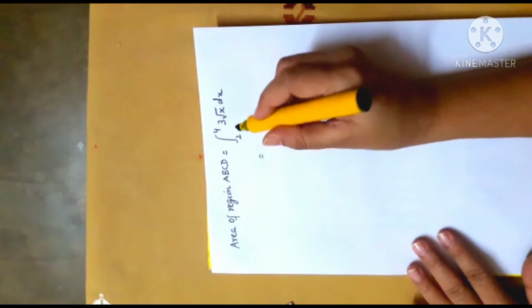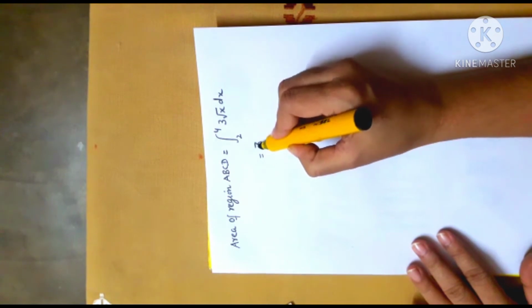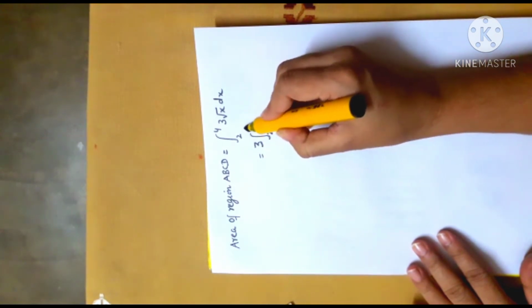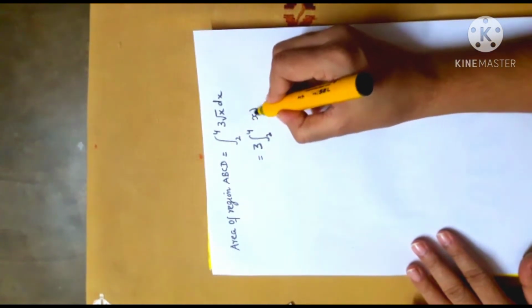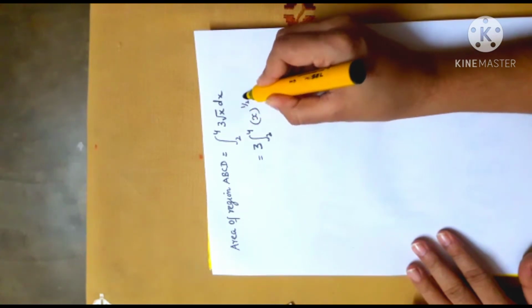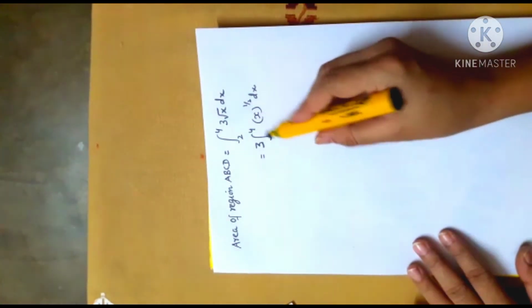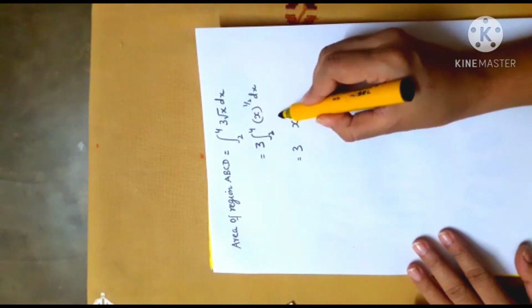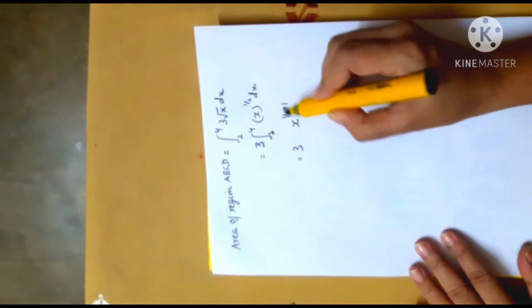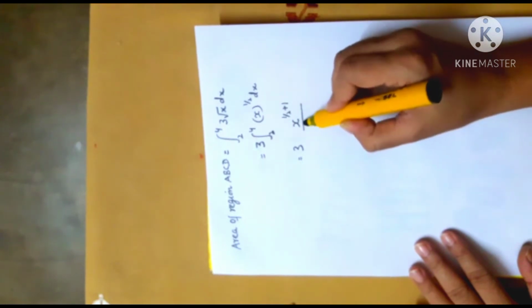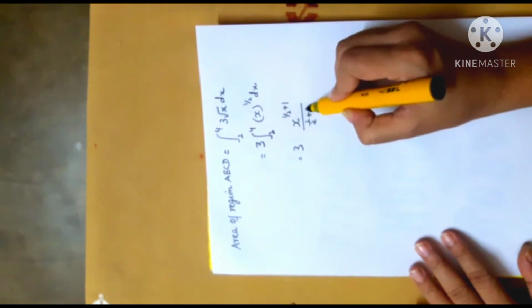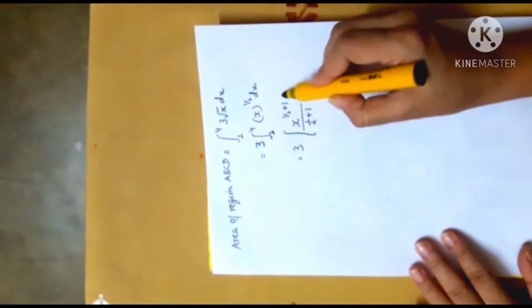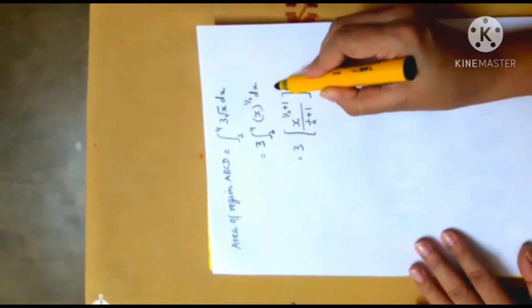Now 3 is constant, so I take this outside the operator. Integral 2 to 4, and this can be written as x raised to the power 1 by 2 dx. Now the integral is x raised to the power 1 by 2 plus 1, increase the power by 1 unit and divide by the increased power, within the limit 2 to 4.